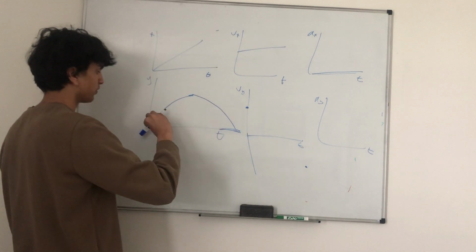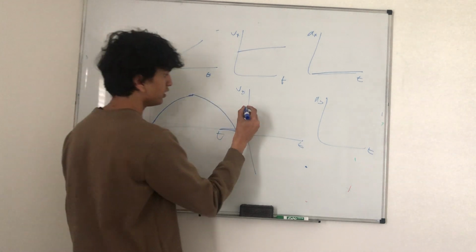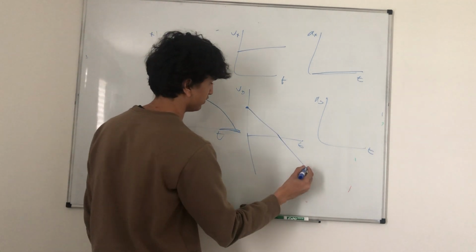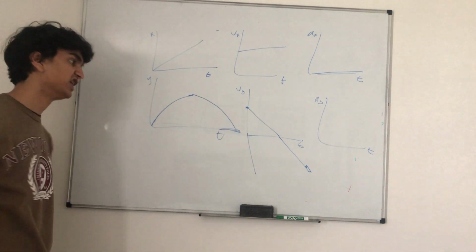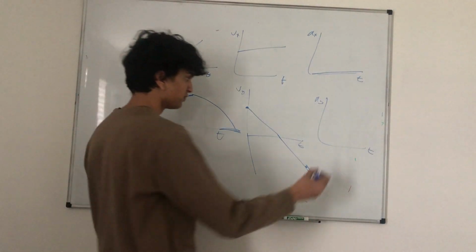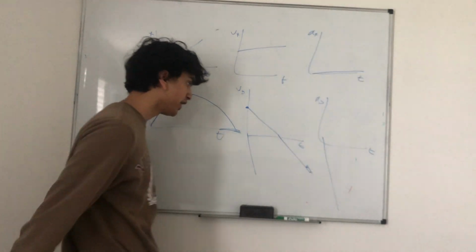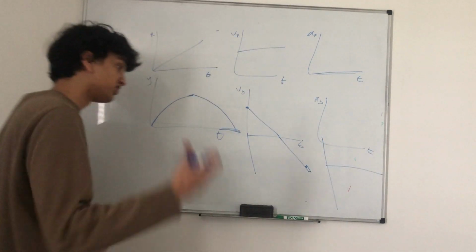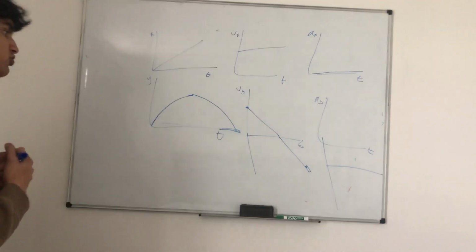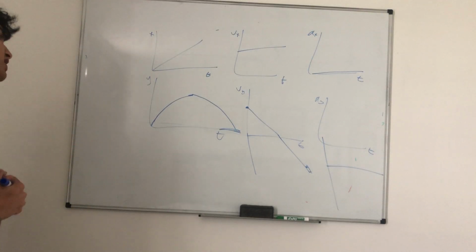We see it going from positive, 0, negative. My calc friends, you probably know this relationship. And then acceleration y is just going to be negative 9.8. This is how the graphs will sort of look.